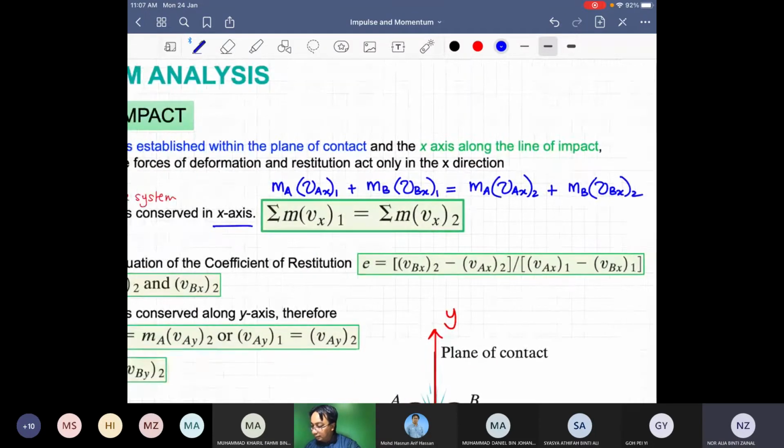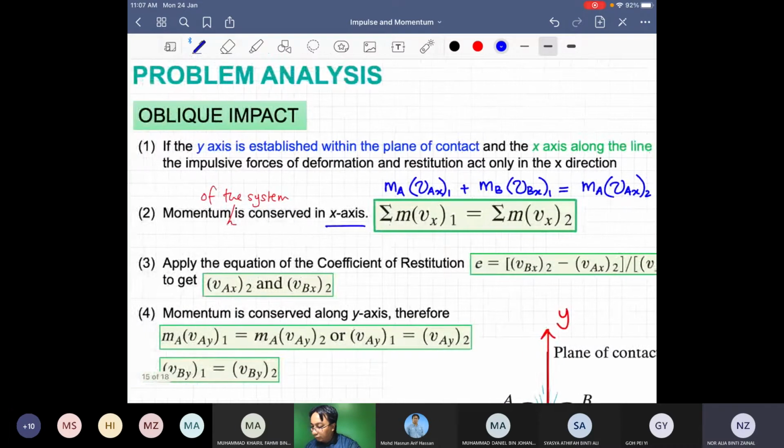Sebab dia hanya melibatkan x-axis yang ni. Okay, this is the conservation of the system ni lah.